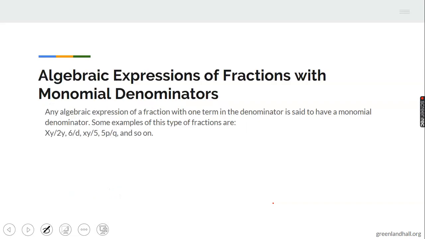Now we move on to algebraic expressions of fractions with monomial denominators. Someone will ask me, what is the meaning of monomial denominators? Monomial denominators is just any algebraic expression that has only one term in the denominator. For example, if you have xy over 2q, this is having just one term, so this is called a monomial denominator.